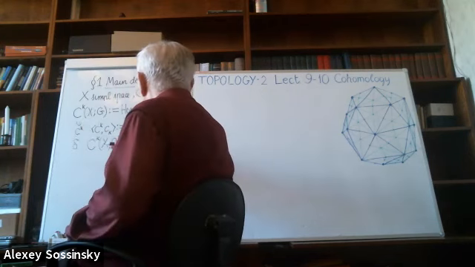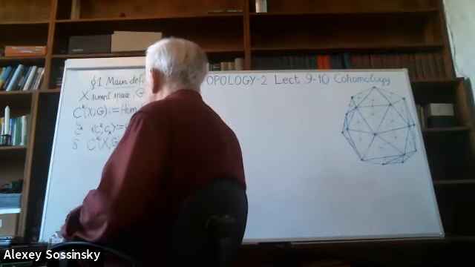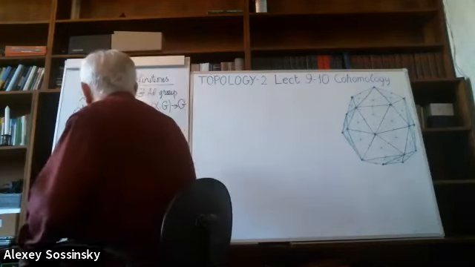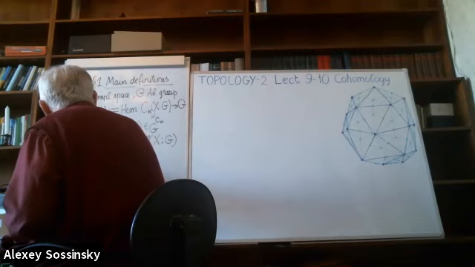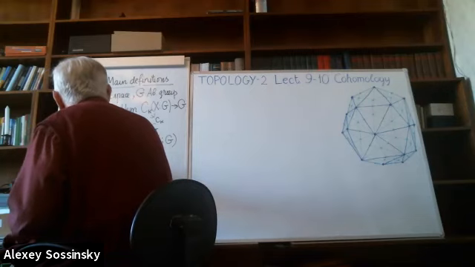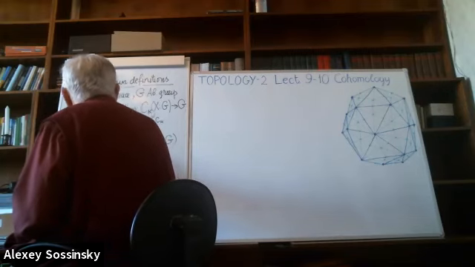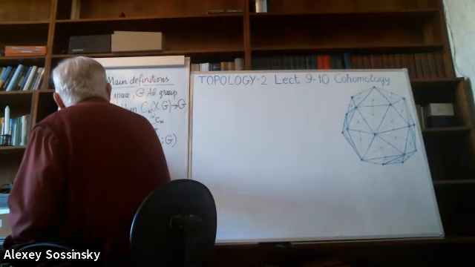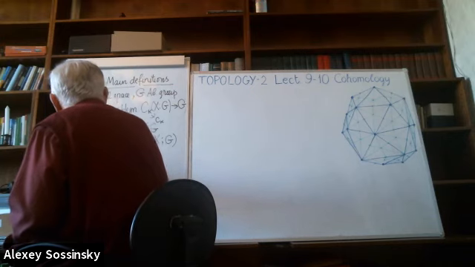How does it do this? How is this defined? Well, it's defined in the only possible way that can be done. So we want to compute d^k of some cochain c^k.